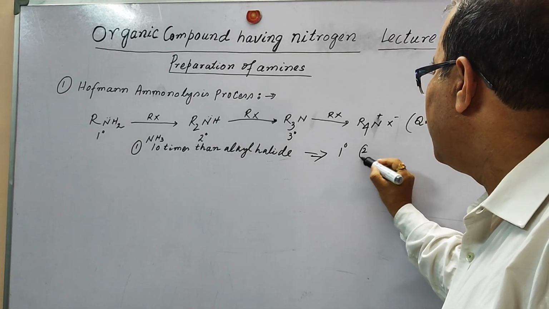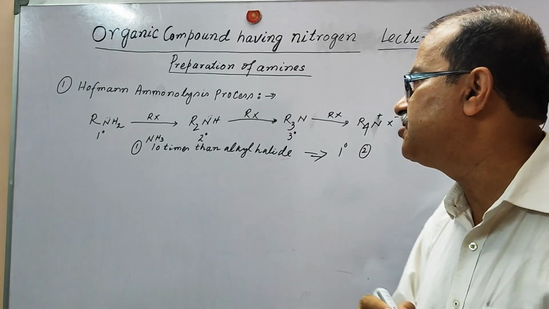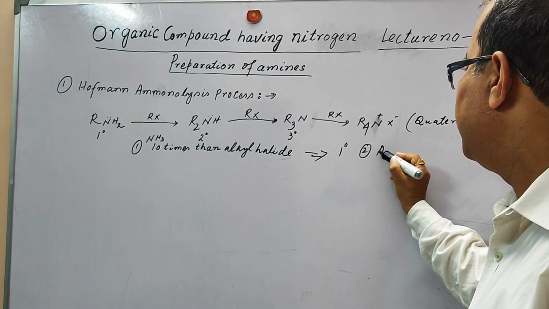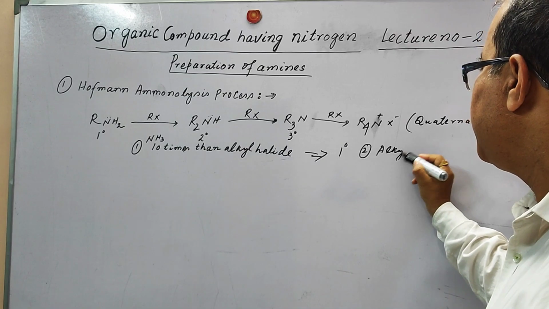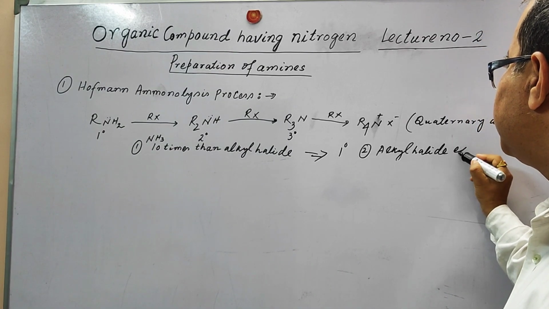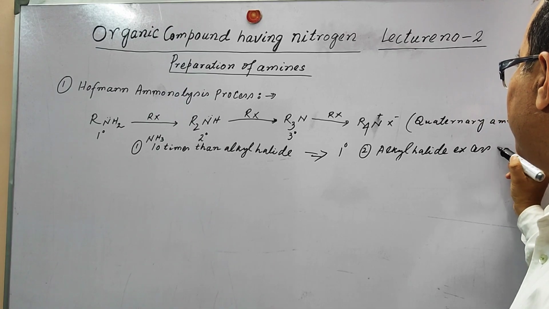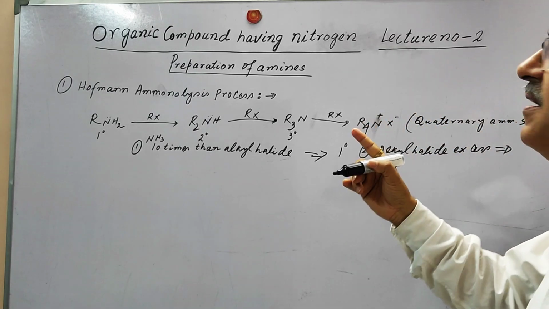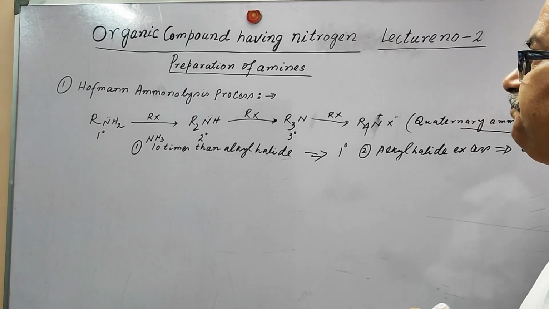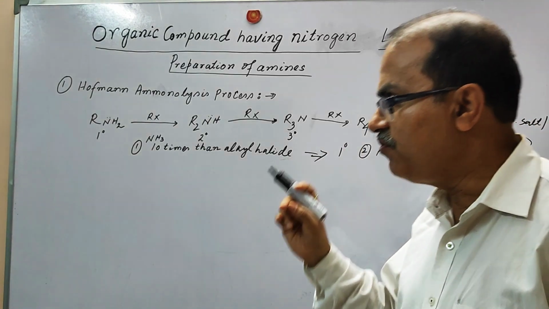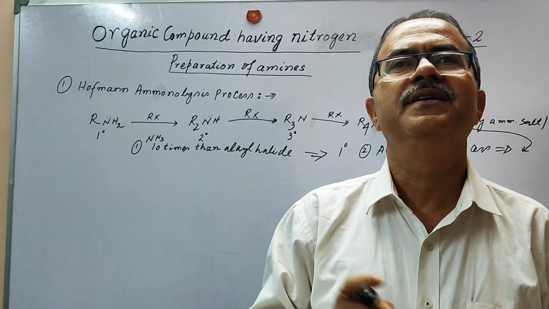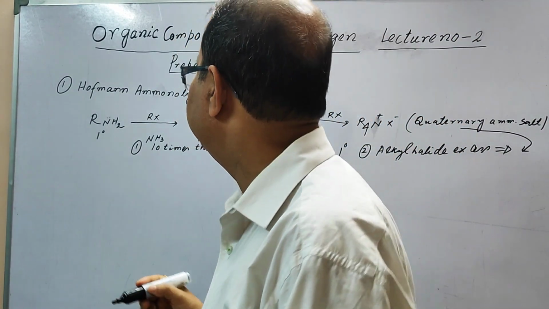Second, when the alkyl halide is in excess, then the main product will be the quaternary ammonium salt. So this is the way by which we can synthesize the 1 degree amine.